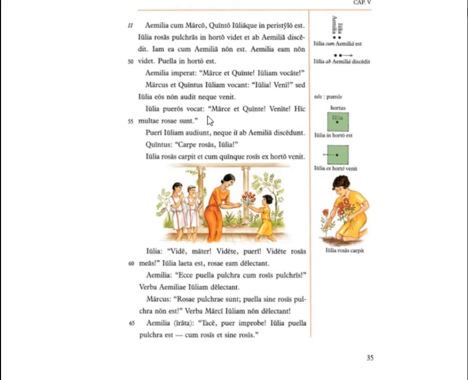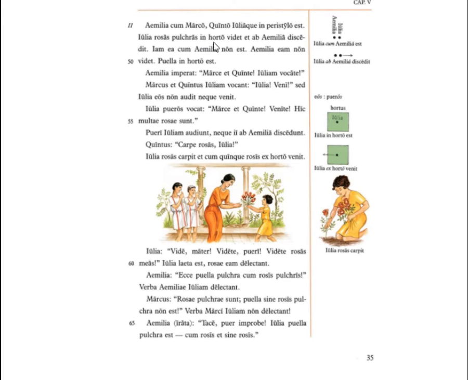Unfortunately, for this question, we can't really find a place where the book itself asks, quid agit Julia in horto? Instead, we need to just use basic deductive skills of going, okay, well, when does Julia enter the hortus? So, Aemilia et cum Marco Quinto Juliaque in peristilo est.